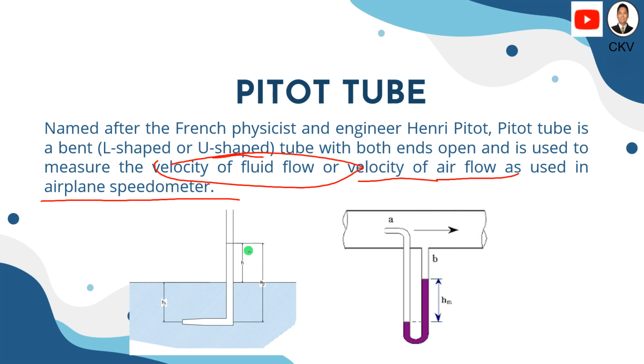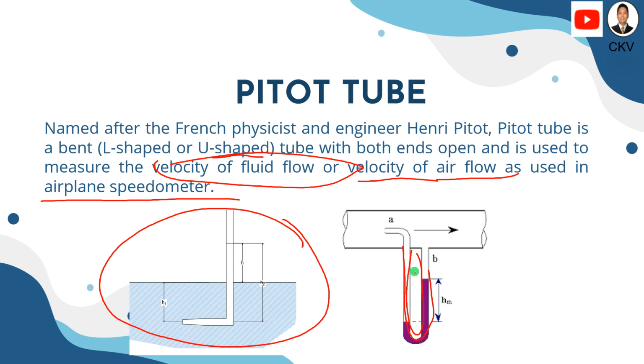It can be in the shape of this one, an L-shaped pitot tube, or a U-shaped pitot tube. So again, here in pitot tube computations, we will also apply Bernoulli's energy equation by identifying 2 points within the tube or within the pipe. Then we'll be able to determine the velocity.